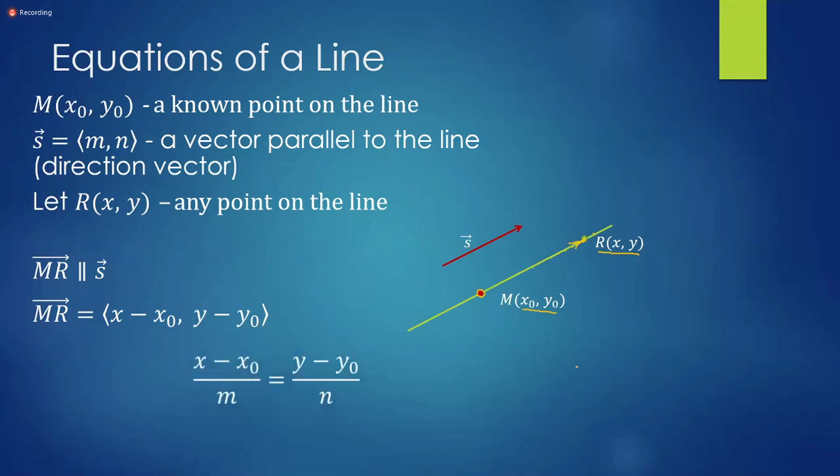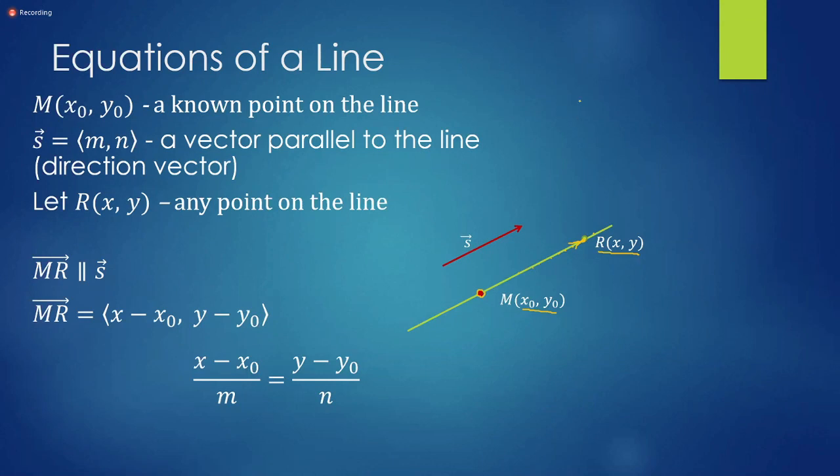If these two vectors are parallel or collinear, remember the rule of collinearity: two vectors are collinear if and only if their coordinates are proportional. We had the check for collinearity even in your vector test.